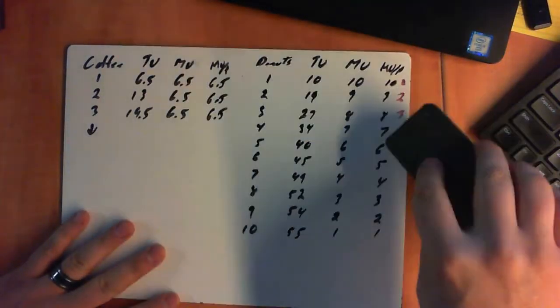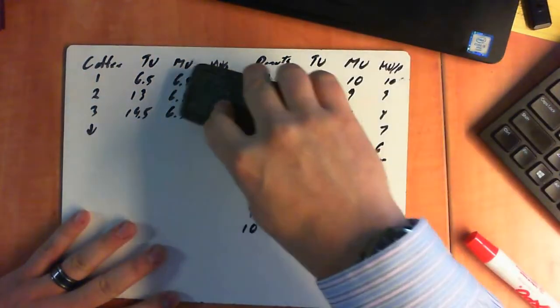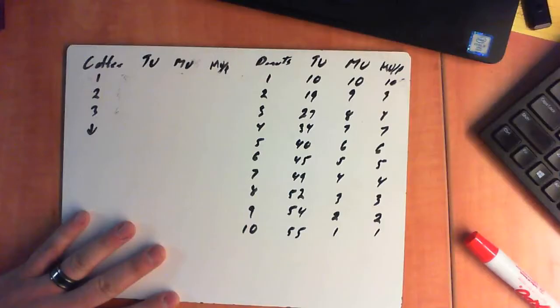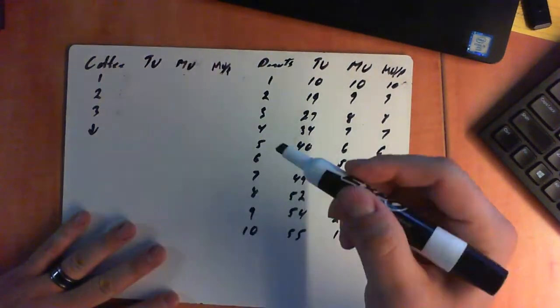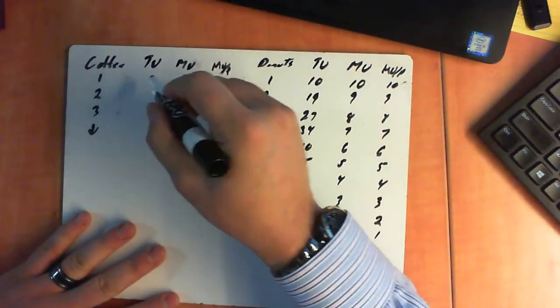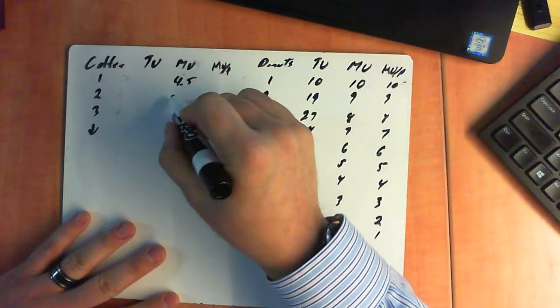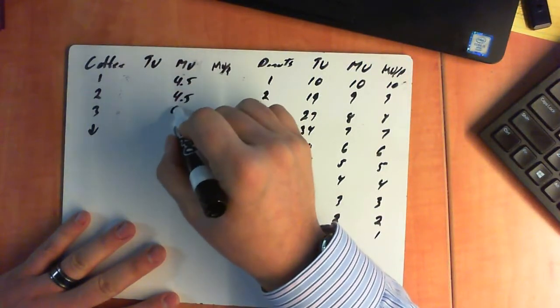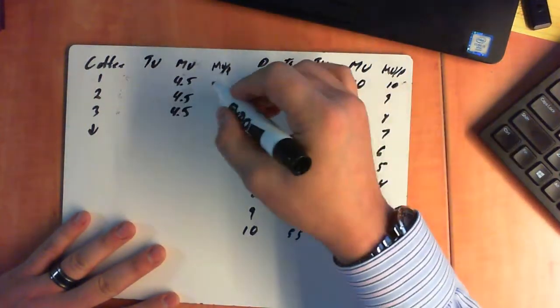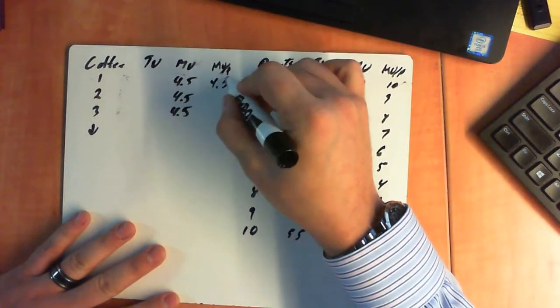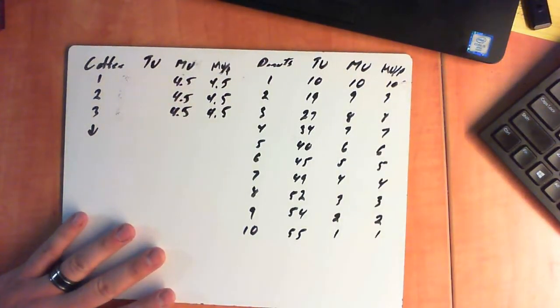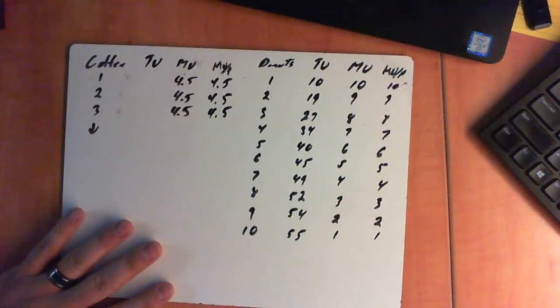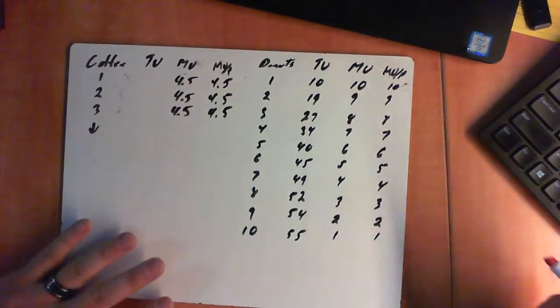If we said the marginal utility for each cup of coffee, though, was only, we'll say, 4.5, right? So marginal utility is 4.5, 4.5, and 4.5. Again, the marginal utility per price is 4.5, 4.5, and 4.5. Now we can say that his budget would have to change, right?